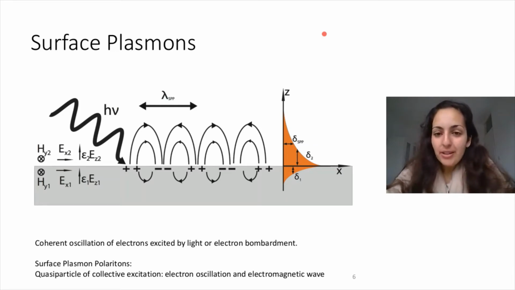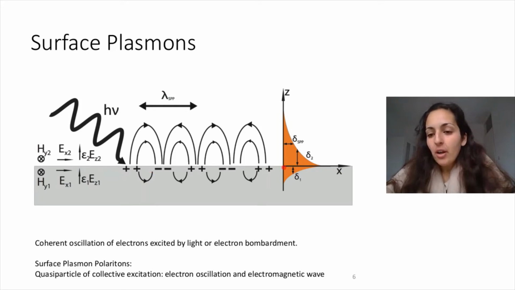I got a little bit sidetracked here from our actual topic, which is surface plasmons. Again, we have the bulk response of our metal, and now we're looking at the surface response of our metal. So we can get a situation where we have a metal, shown here in gray, and in this metal there are free electrons. Then on our surface there is a wave traveling, which is a hybrid of an electron oscillation in the metal and an electromagnetic wave oscillation in our vacuum or dielectric.